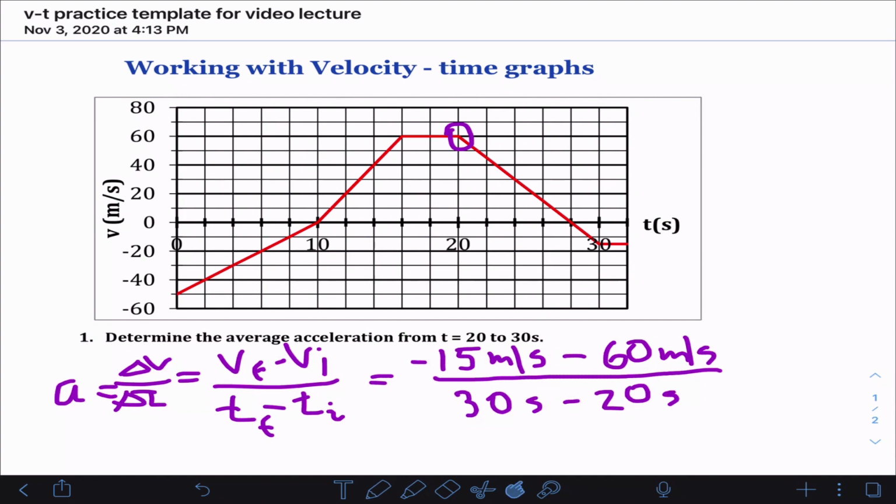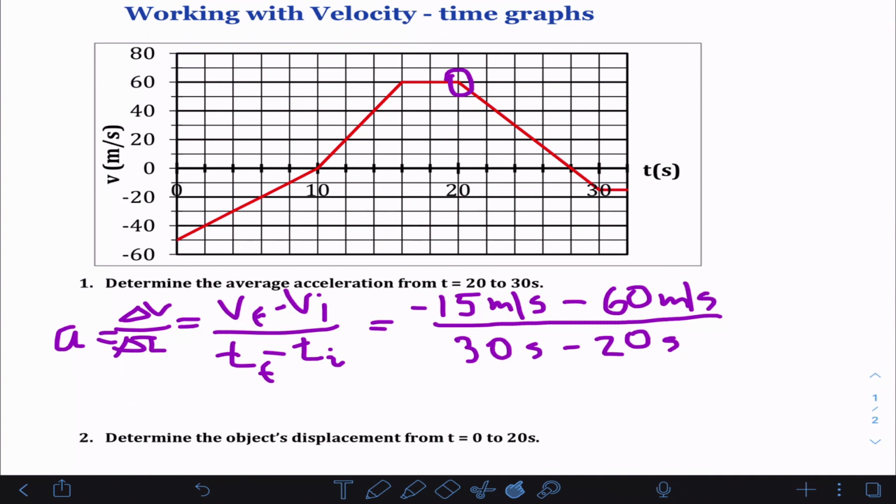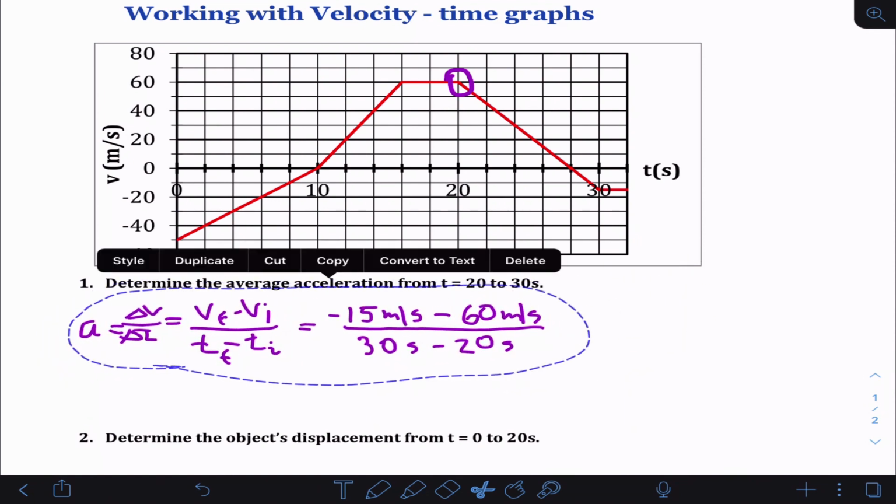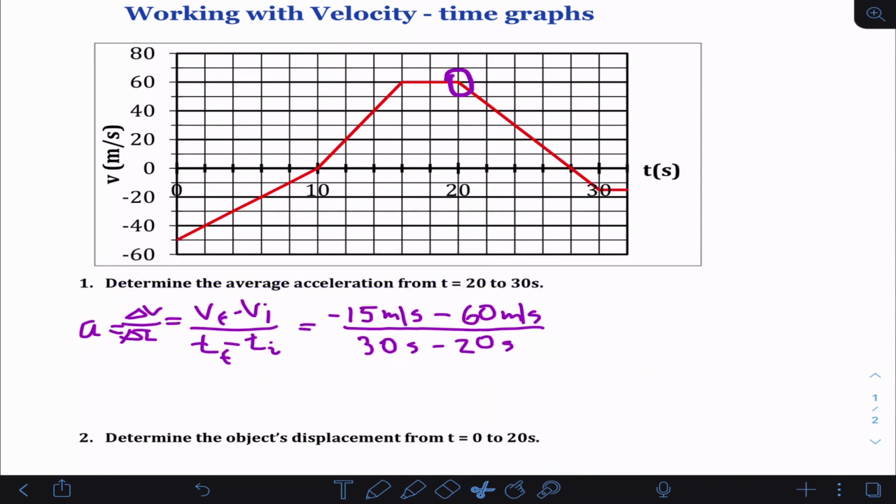Now if we look at the math on this, this is going to end up being negative 75 meters per second over 10 seconds.